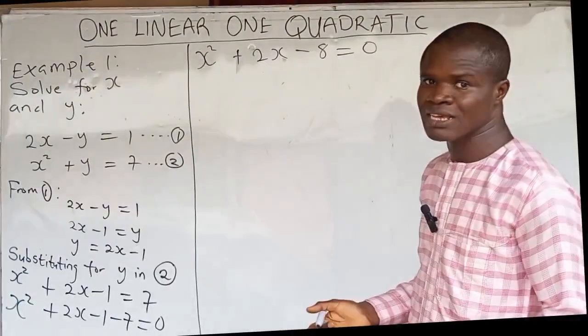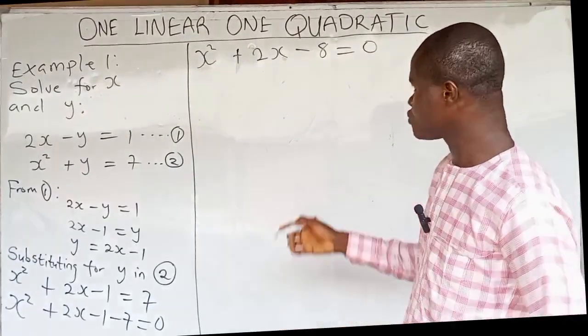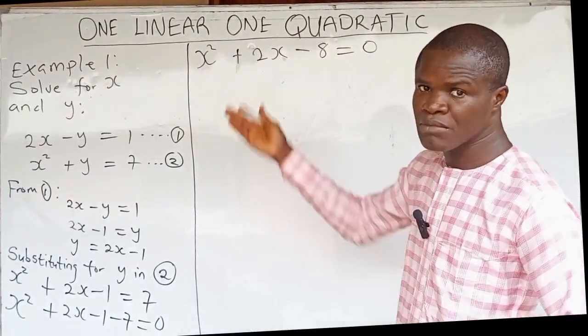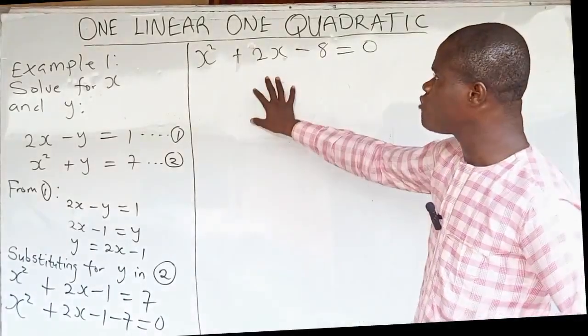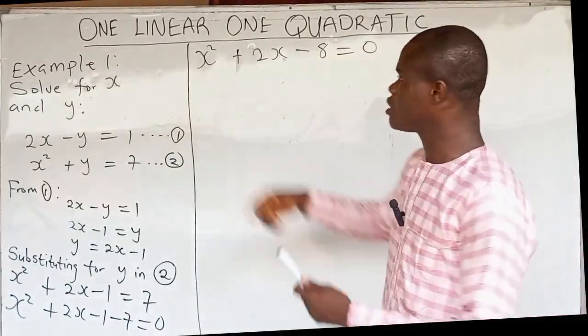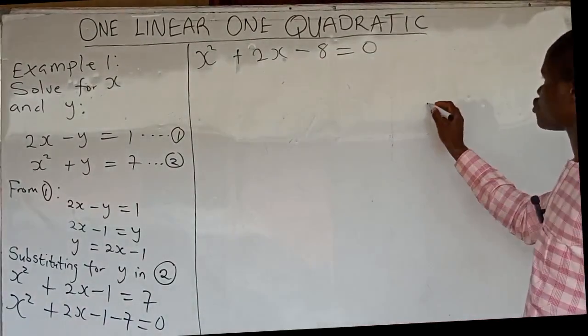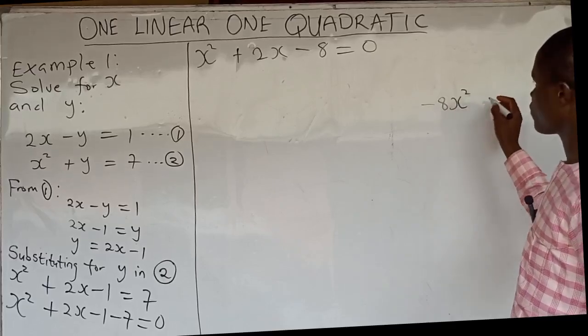So what I'm going to do next is to solve by factorization method, or any other method you choose. But let me solve this with factorization method. So I'm going to use this minus 8 to multiply x squared. So in rough work, I have minus 8x squared.